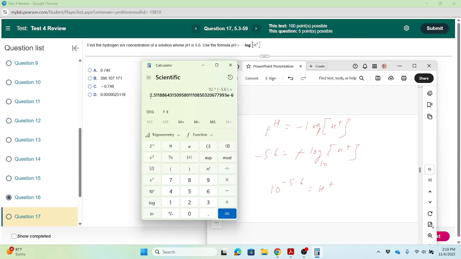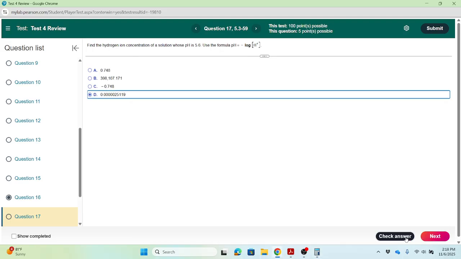So you move the decimal 6 places to the right, and there will be 5 zeros, 1 2 3 4 5, and then 2 5 1 1. This is the only number that matches.